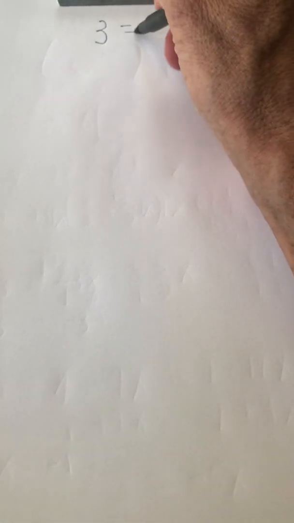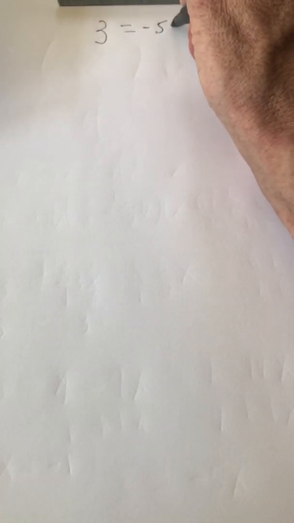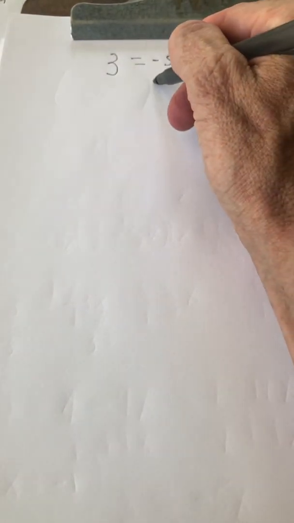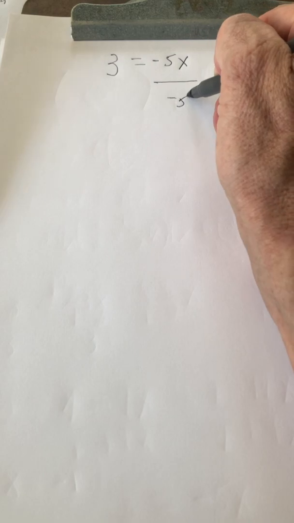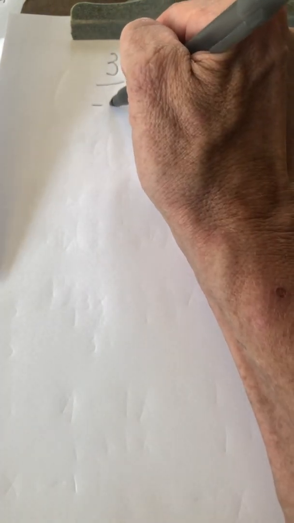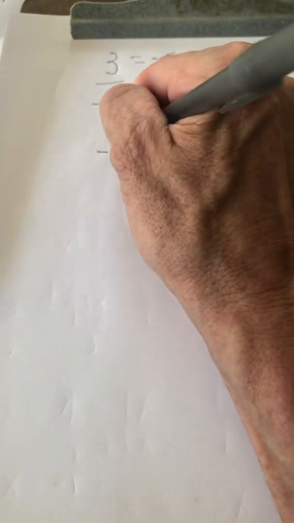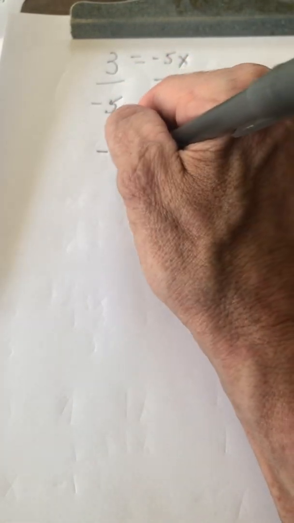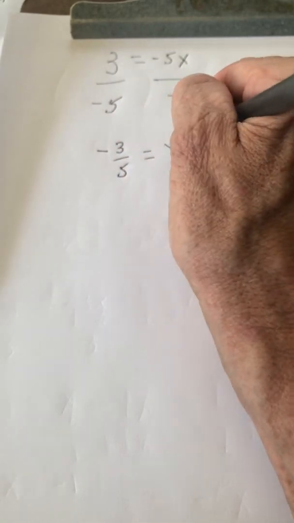So again, what we have right now is 3 equals negative 5x. And if I divide both sides by negative 5, what I end up with is negative 3/5 equals x.